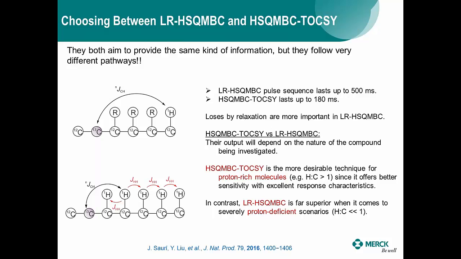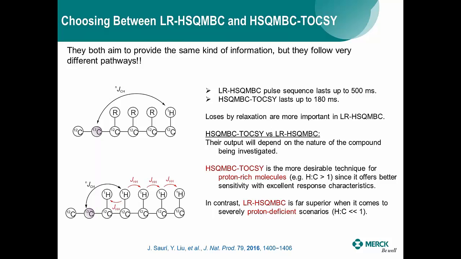So the LR-HSQMBC is going to be a very nice experiment when trying to get additional very long-range correlations in proton-deficient compounds. However, the HSQMBC-TOCSY needs a proton-rich compound to work well, because the TOCSY transfer obviously needs a protonated spin system to move forward. So the HSQMBC-TOCSY would be a better choice for proton-rich, standard compounds if we want to get additional correlations, while the LR-HSQMBC is going to be a better option for proton-deficient compounds.